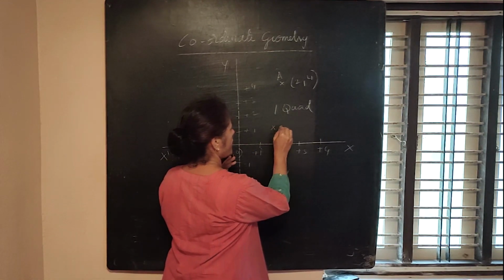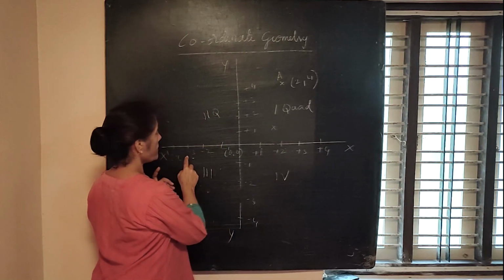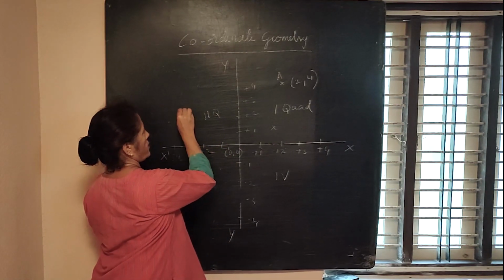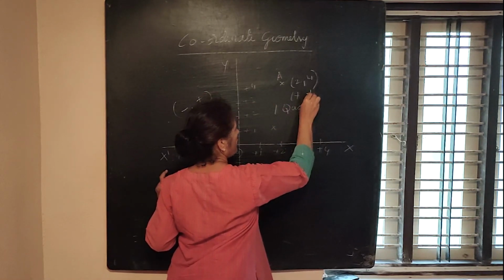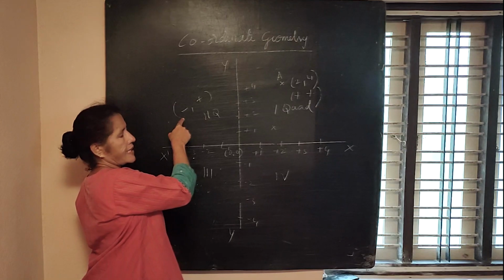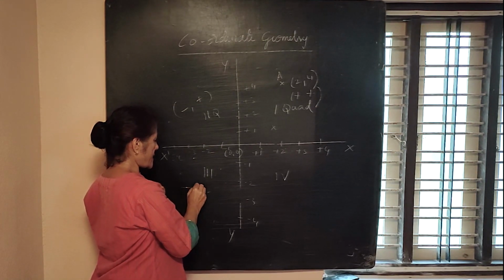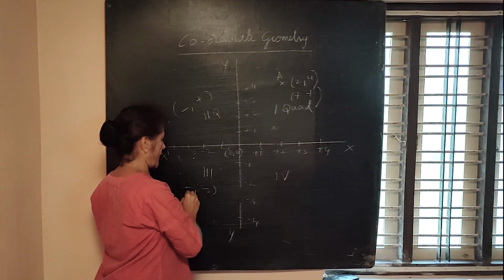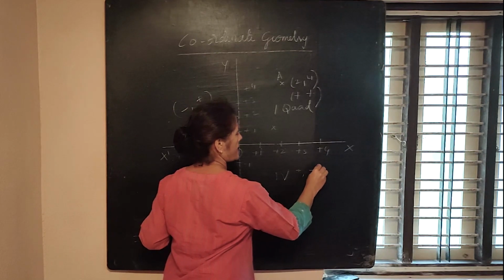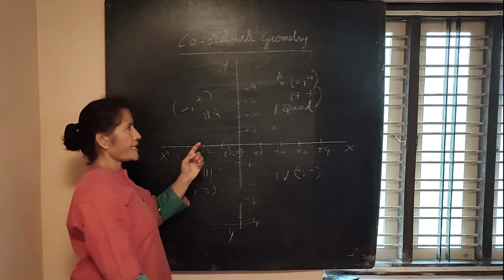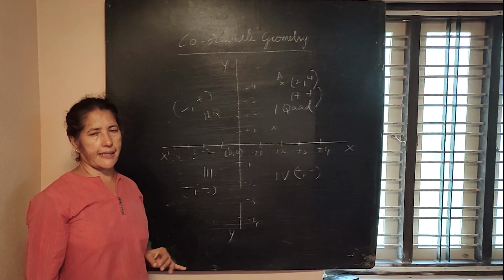Any point in the first quadrant, both are positive. Here negative and positive: x-axis is negative, y-axis is positive. Here x-axis is negative, y-axis is also negative. Here x-axis is positive, y-axis is negative. So these are the signs of points in different quadrants.